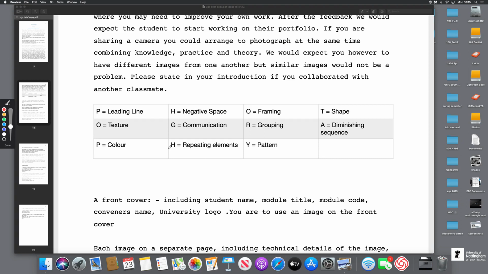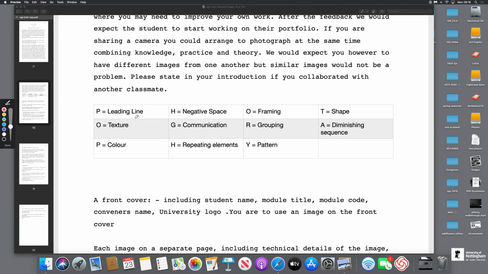They don't have to be taken outside unless you want to. Now if you're going outside, obviously you've got to stick to the 2 meter rule and keep yourself and everybody else safe. But at the moment, if you just want to concentrate on your portfolio inside, then that's fine.